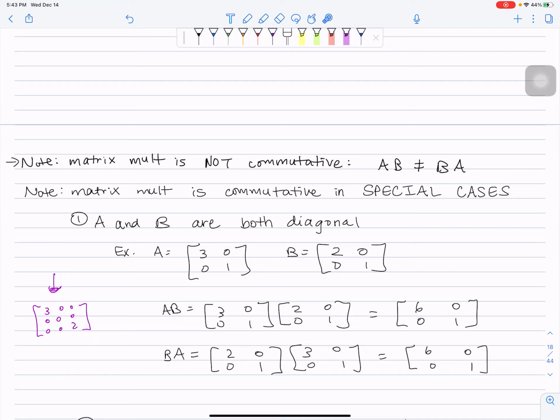No, this is the main diagonal. So it has to be top left to bottom right to be called a diagonal matrix.